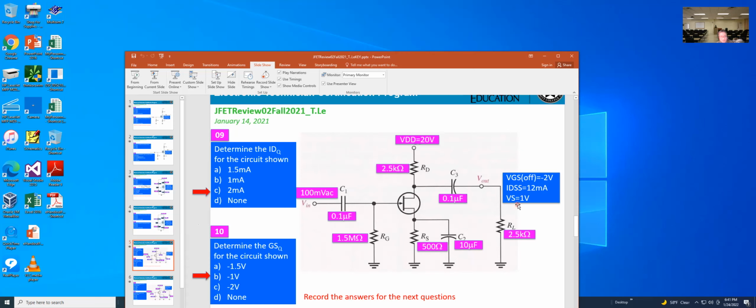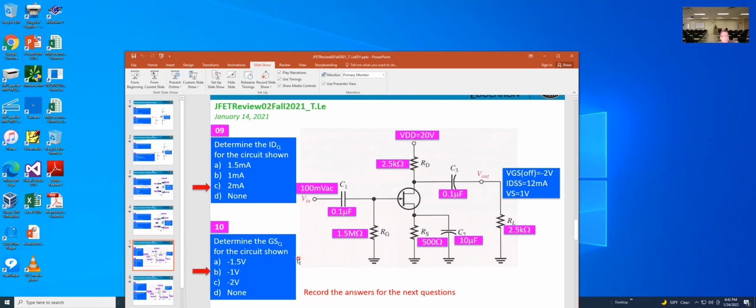However, they given to you VS already equal 1 volt. Right here, you get 1 volt, and you can get the current IS easy. IS equal VS divide RS. And that IS and ID will be the same. So that's why you can get ID. Number 9 answer will be 2 milliamp. That will be C.